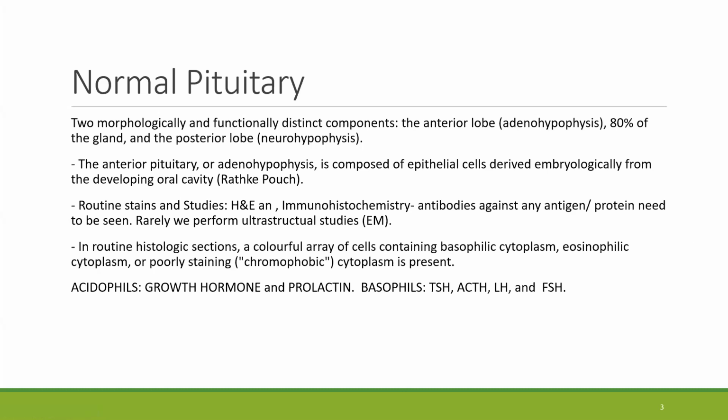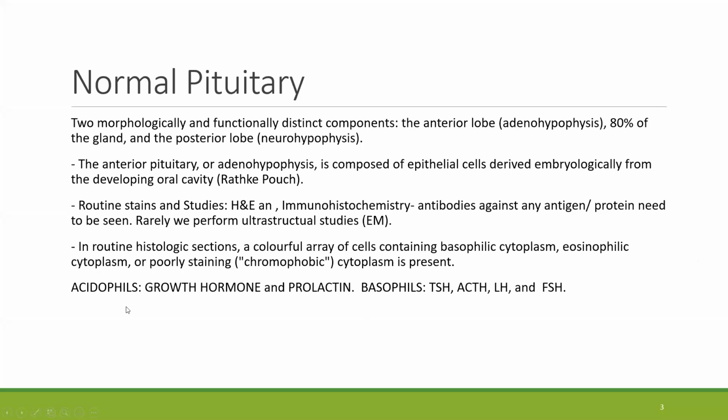In routine histology, sectioned and stained by hematoxylin and eosin, we see some cells to be pink in color, some cells to be basophilic in color, and other cells without color, which we call chromophobe. So pink eosinophilic cells, basophilic or blue cells, and chromophobe or cells without any stain.